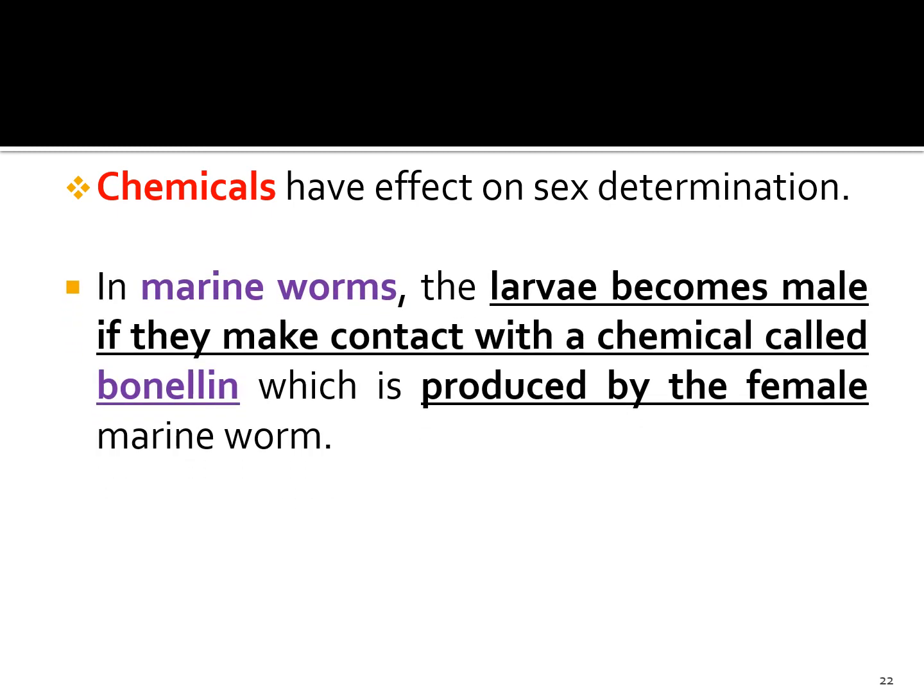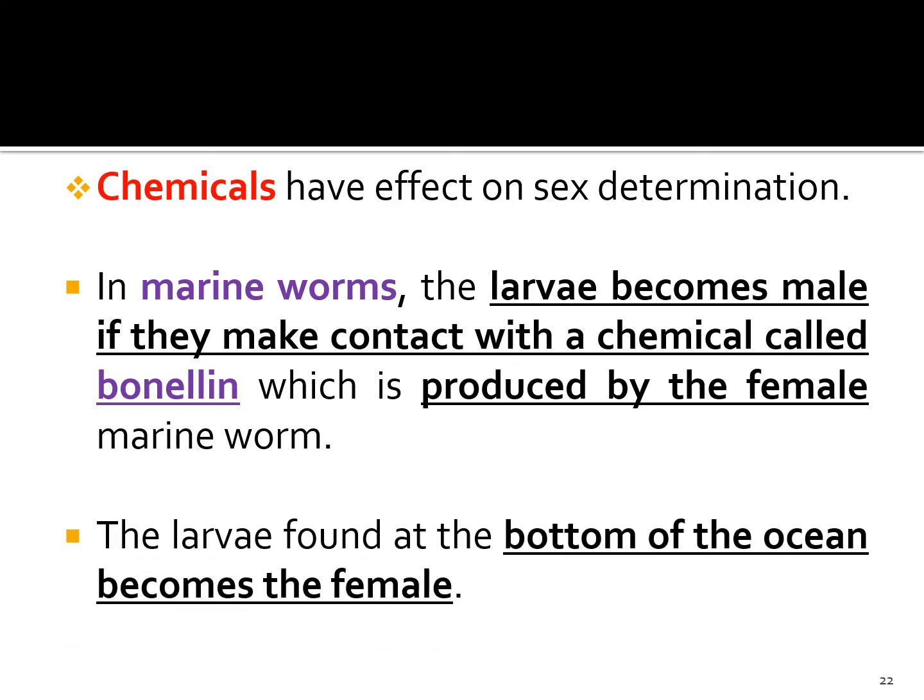Chemicals also have an effect on the determination of sex in some organisms. In marine worms, for example, the larva becomes male if it makes contact with a chemical called gonadal, and this chemical is produced by the female marine worm. Those larvae that are found at the bottom of the ocean, however, develop into females.